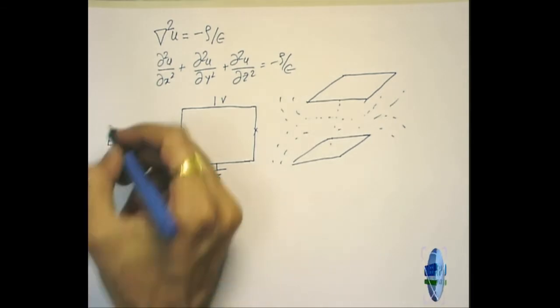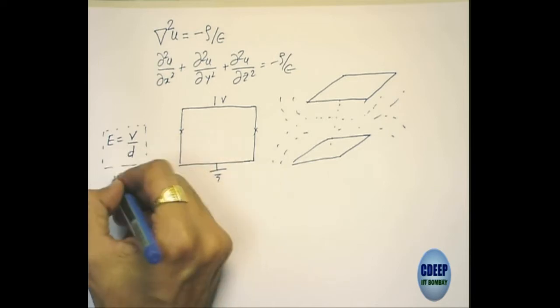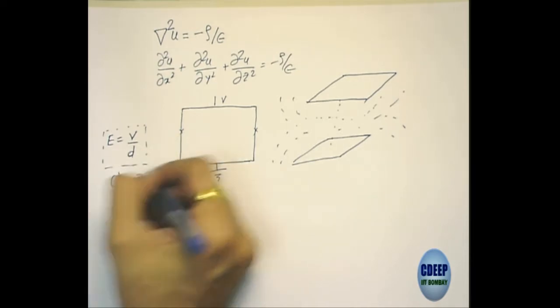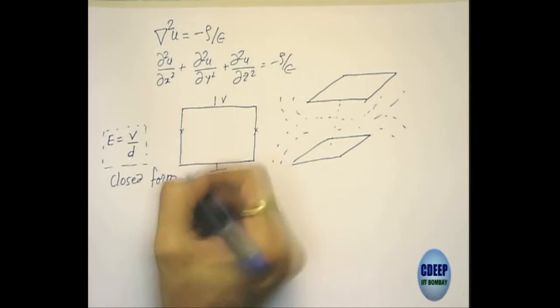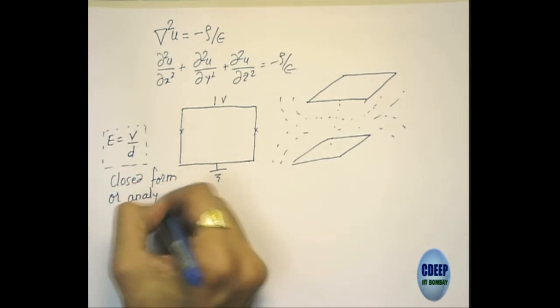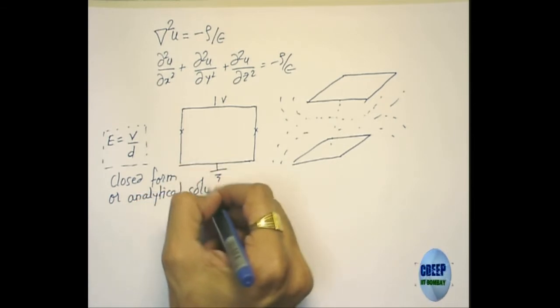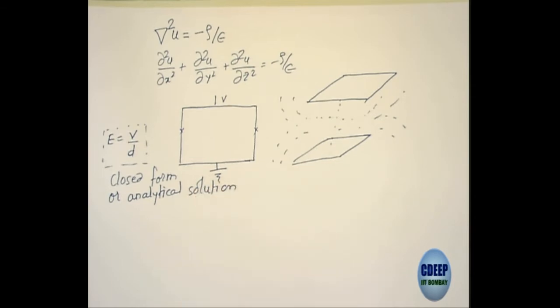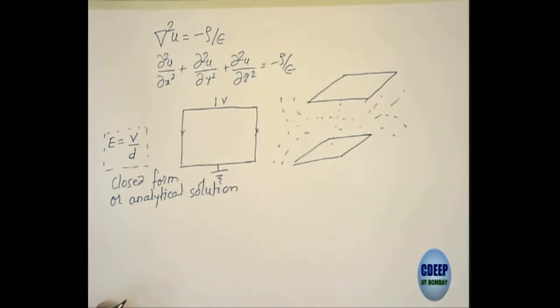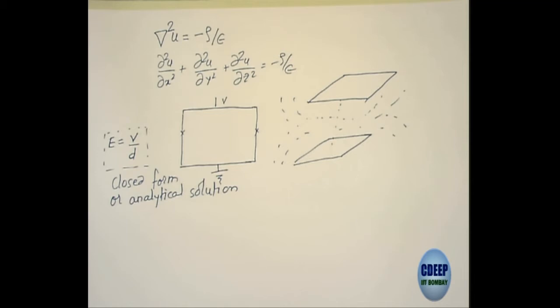This expression we call a closed form or analytical solution. It is closed form because you exactly know the dependence of the field variable on the source conditions and the geometrical conditions.